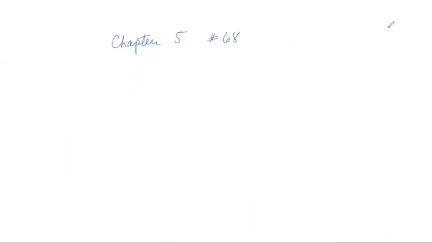All right, chapter 5, problem 68 says a 2-kilogram box is suspended from the end of a light vertical rope.